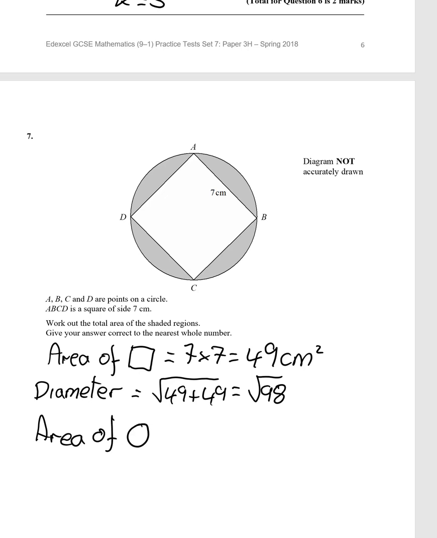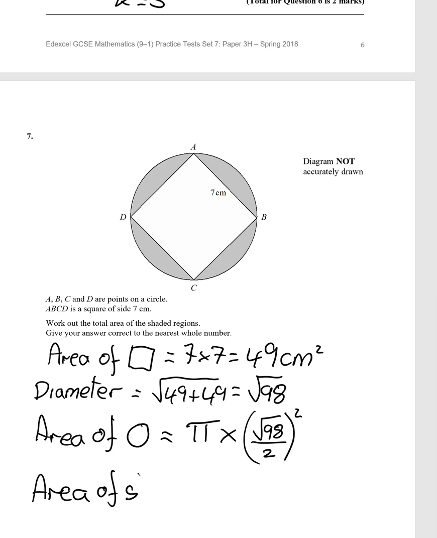Notice I haven't actually reached for the calculator yet. I've got pi times half of this squared. Okay, so we've got the area of the circle, got the area of the square, so the area of the shaded part, and I think it actually asks for the nearest whole number.